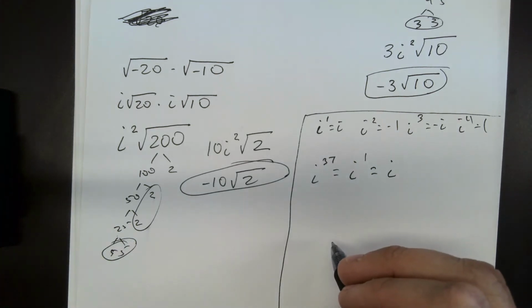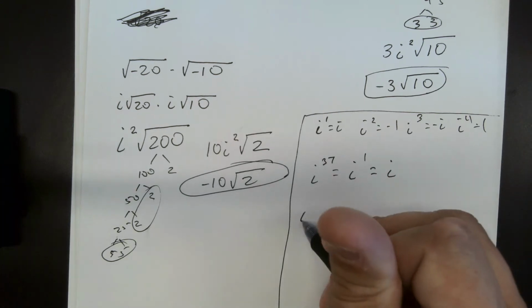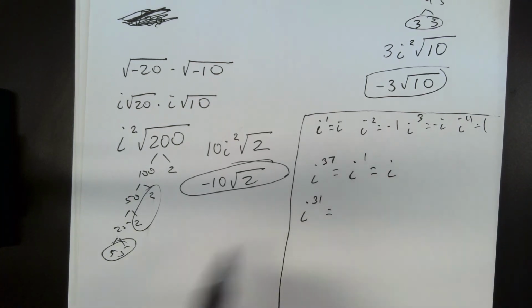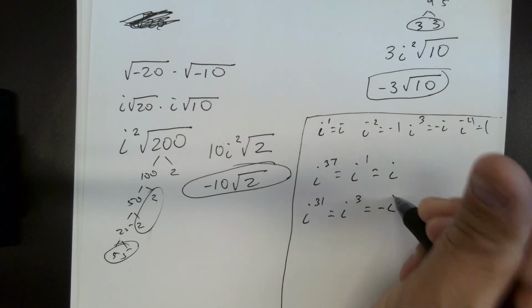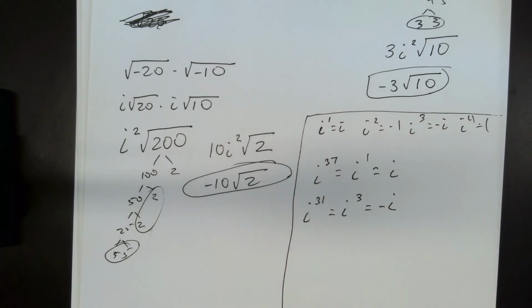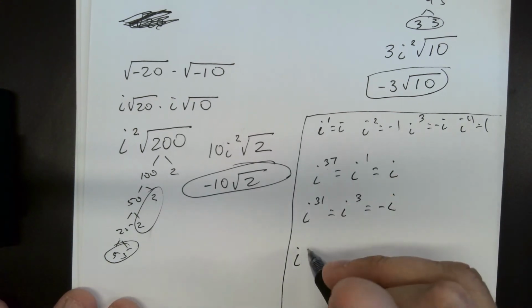So let's do another one. I to the 31st. 4 goes into 31 seven times with a remainder of 3, so it'd be negative I. What about I to the 40th?